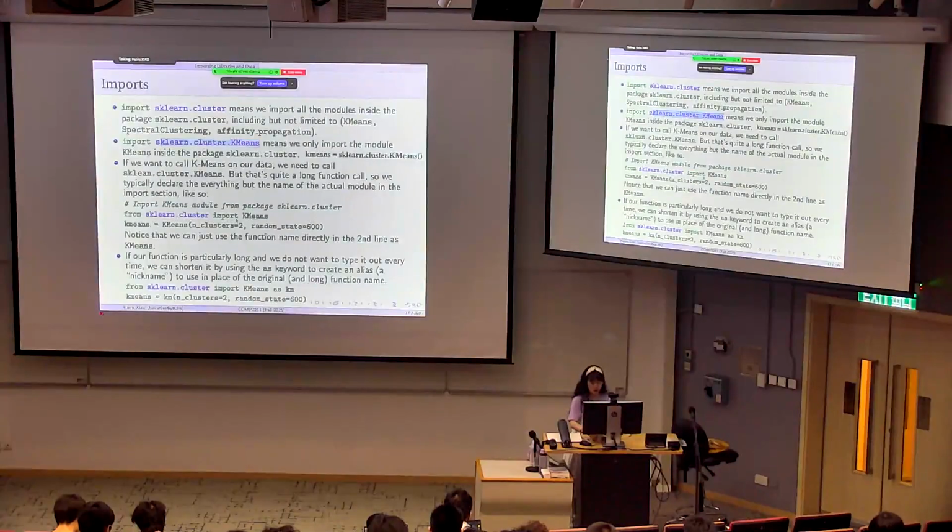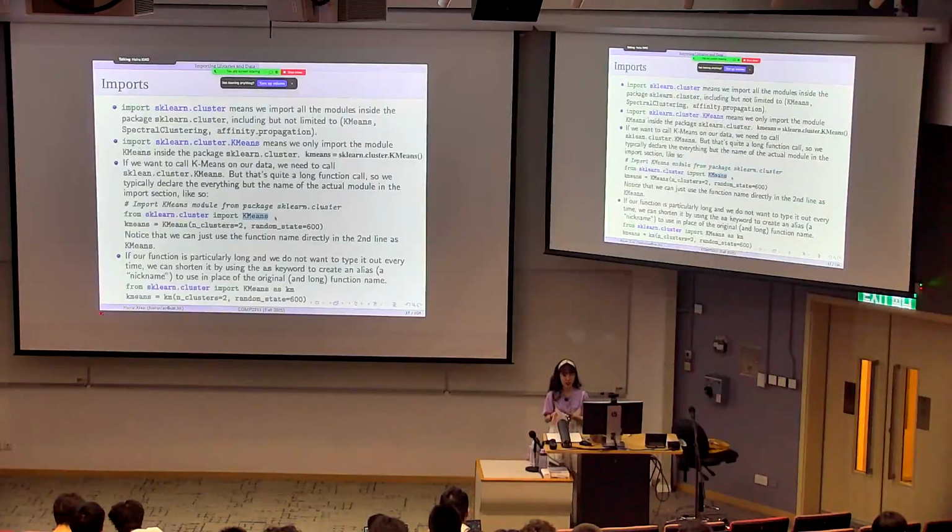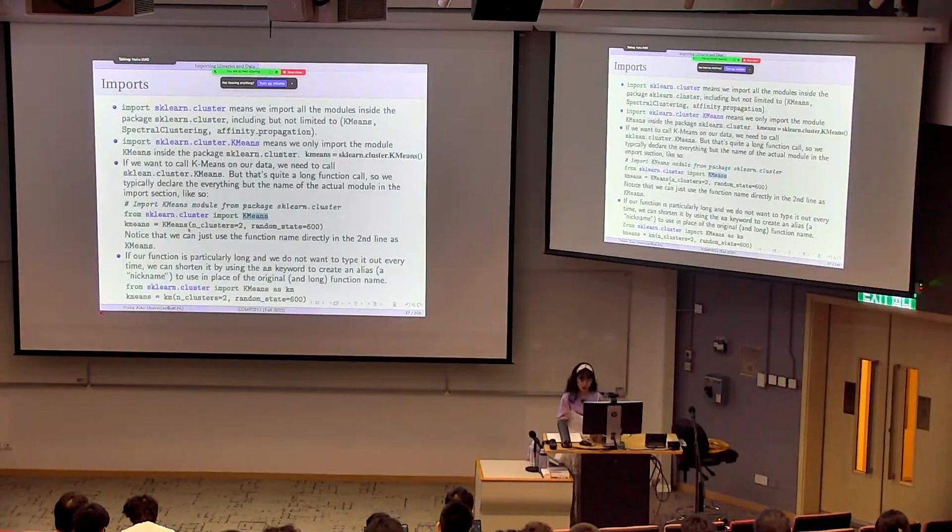But if you write it like this, then after the keyword import, the name is k-means, and k-means is the legal name that Python accepts to use this module. So the name after import matters. That's why after we import in this way, things become much easier, right? You don't need to write such a long expression.